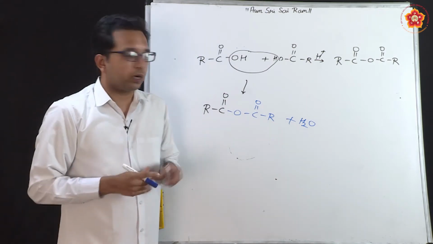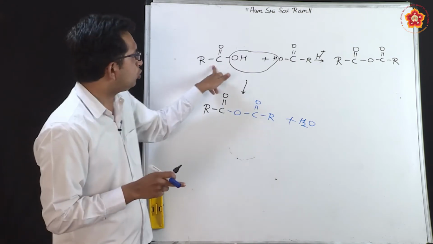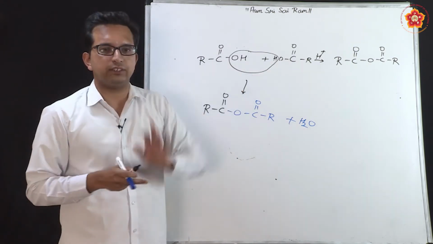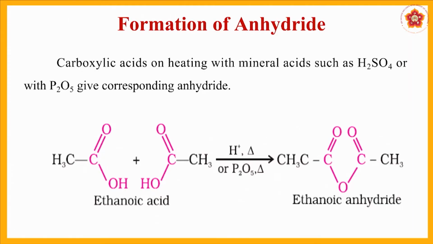So, this is how corresponding anhydrides can be formed when you consider two molecules of carboxylic acid. In the example given here, they have taken ethanoic acid, which indicates that there are two carbon atoms present, and since I have taken the same molecule on both sides, with the elimination of a water molecule in this case, we get the compound ethanoic anhydride.